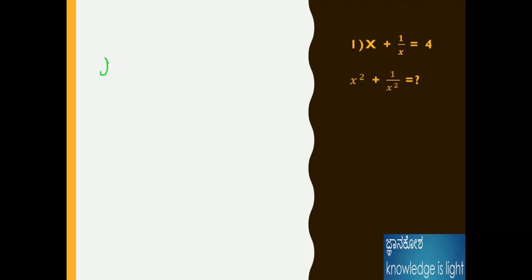This is the format: x plus 1 by x is equal to k. Then x square plus 1 by x square is equal to k square minus 2. I need to highlight one point.